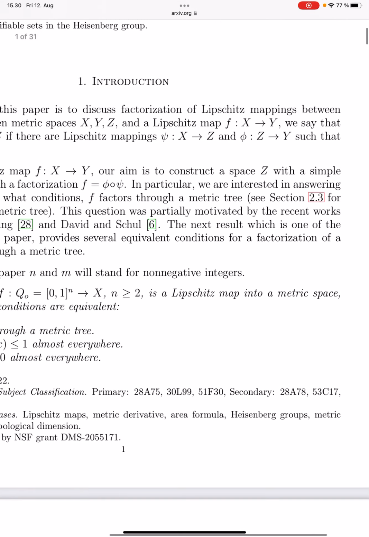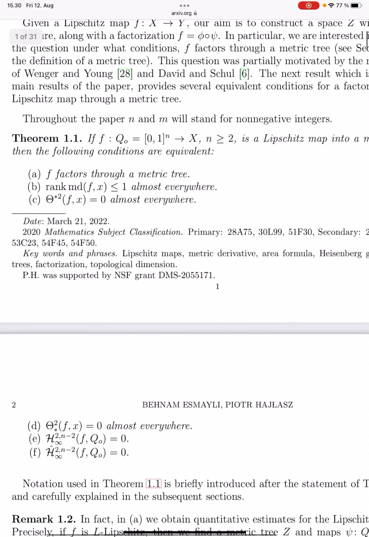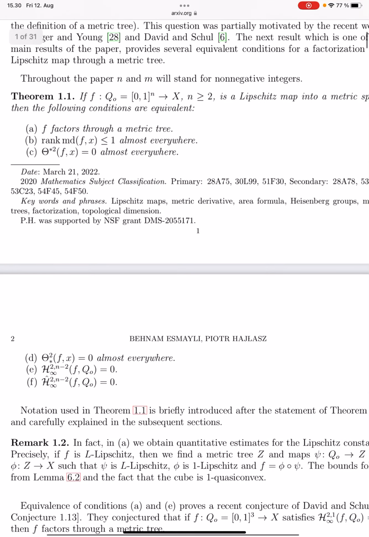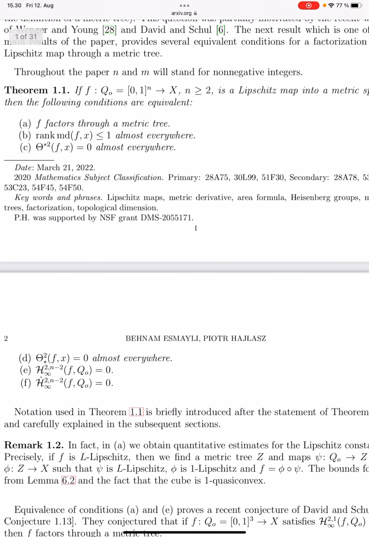So we will talk about metric trees, and we ended up finding a bunch of equivalent conditions, and that was a nice theorem with many also sideline results that were of independent interest.